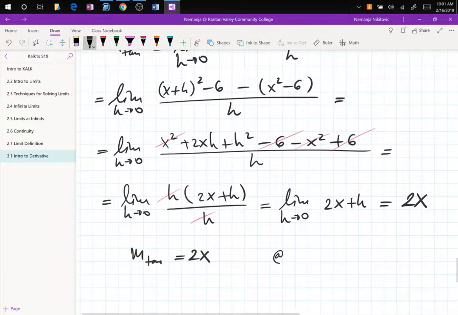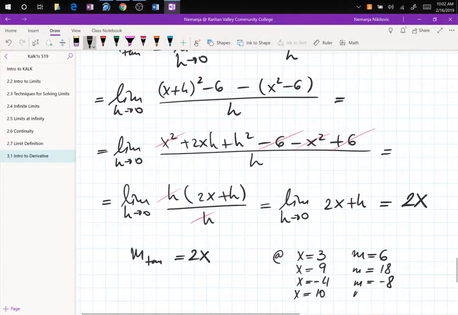So what happens at x equals 3? Slope was 6. x equals, what was the next one? 9. Slope was 18. x equals -4. Slope was -8. Remember how I wanted 10 later on? What's the slope? 20, and you didn't even run the calculation, because now you have the formula which generates all of the slopes. As soon as you tell me at which point you want the slope, you are able to immediately calculate the tangent line.